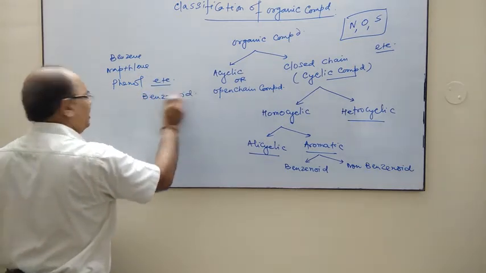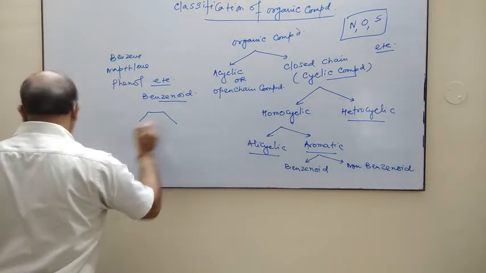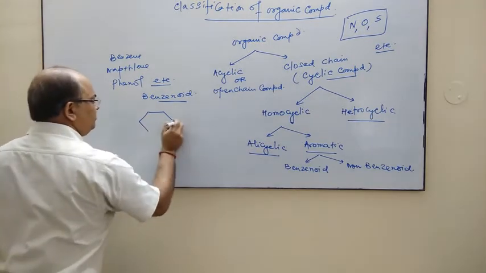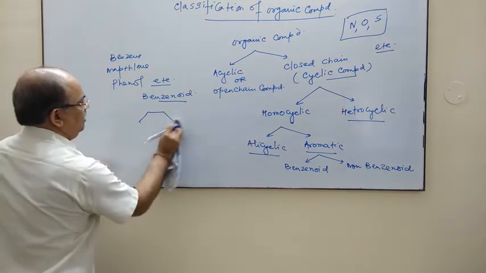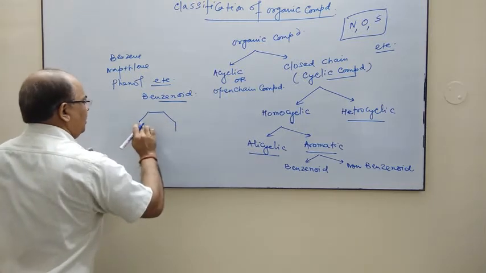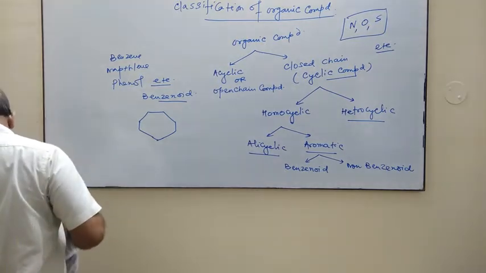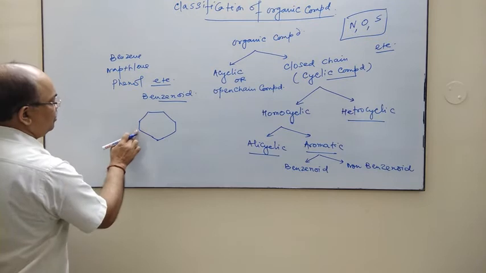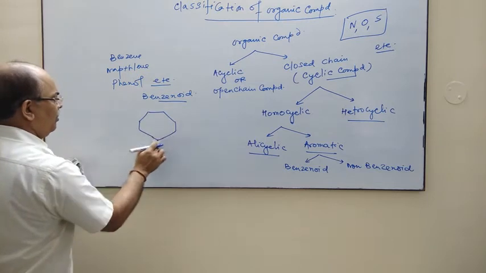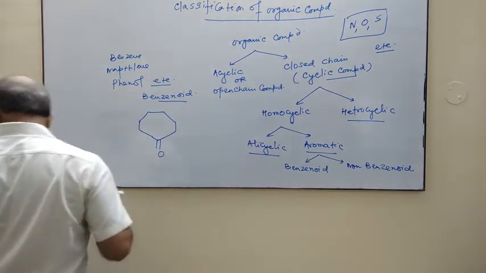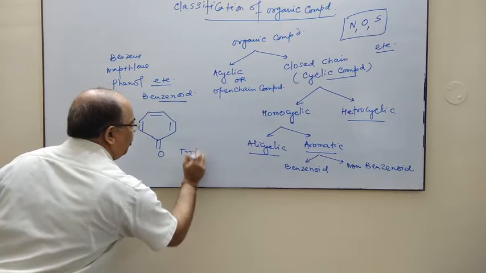What will you call this? It is your benzenoid. However, if we have a compound which is given in your NCERT book, of this type, 1 2 3 4 5 6 7, this compound is called your tropolone.